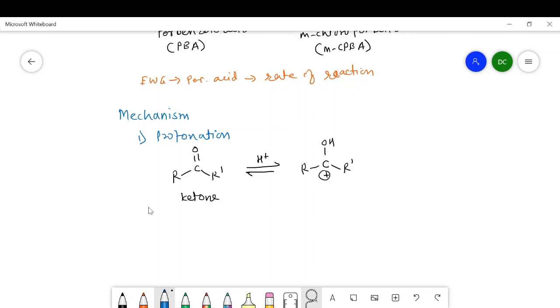The second step is attack of per acid on the carbocation or protonated ketone. So in the second step, what will happen?